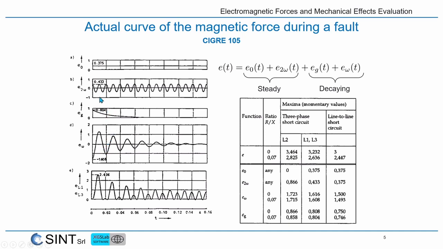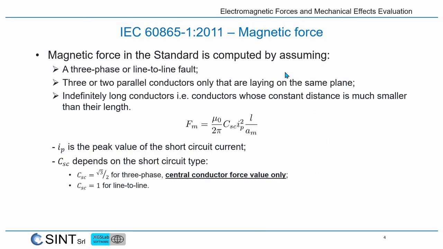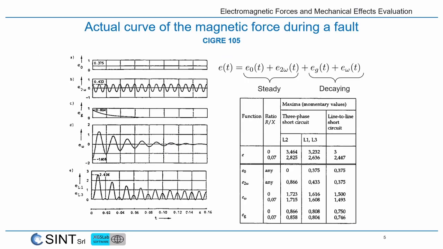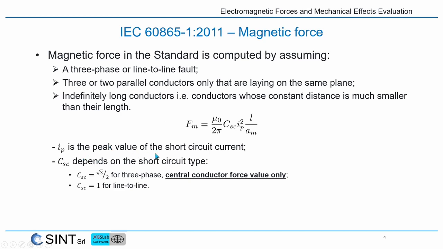So what is important to remember is that the computation performed in the code and in XGSLab just considers the steady term, which has a frequency equal to 2 times omega, because the standard proposes the formula carried on with this assumption, and then all the non-perfectly sinusoidal terms, which might be decaying or steady, are taken into account by means of the peak value of the short circuit current.